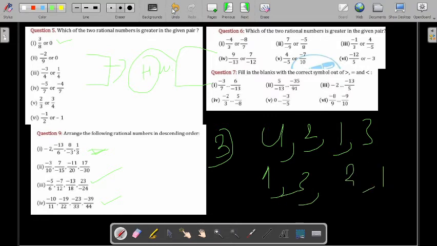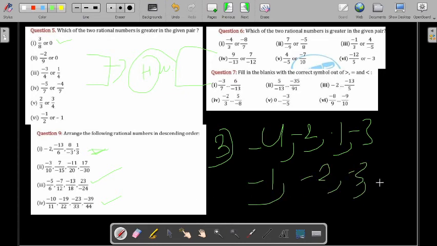But if I give you minus and say do it in descending order, what will you do? You will do -1, -2, -3, because with minus, everything goes in the opposite way.